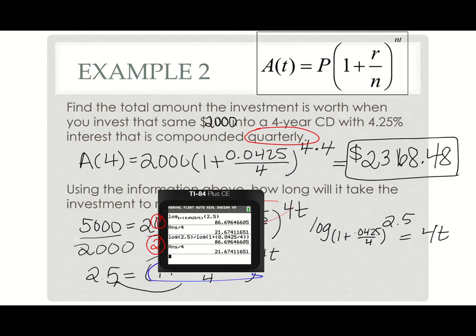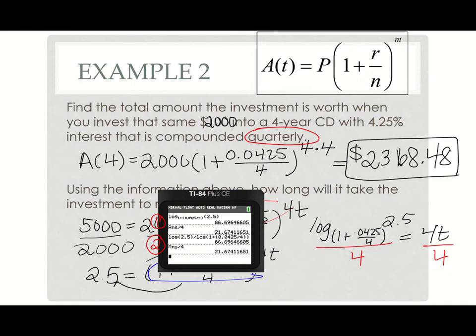Either way, I solve for my log and I get 86.69646605, and that's equal to 4t. To get t by itself, I divide by 4 on both sides.